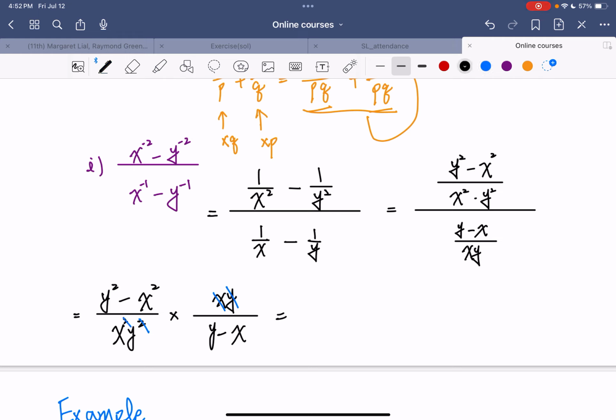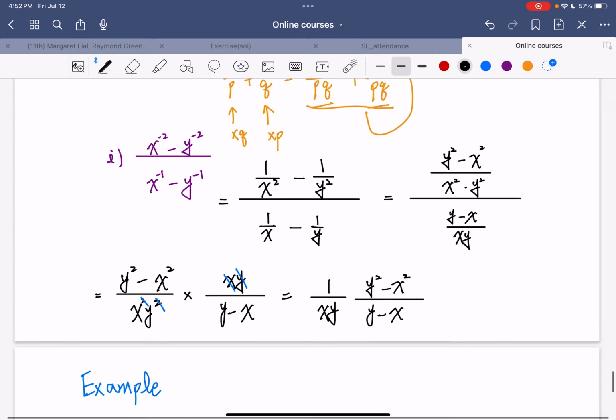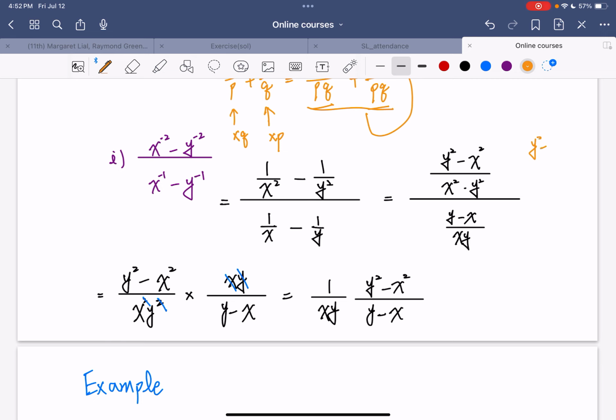So this will become xy, and I will keep xy alone and put y squared minus x squared here, y minus x here, because we also have to recall another thing, is that y squared minus x squared, we can rewrite it into y minus x times y plus x. Remember that?